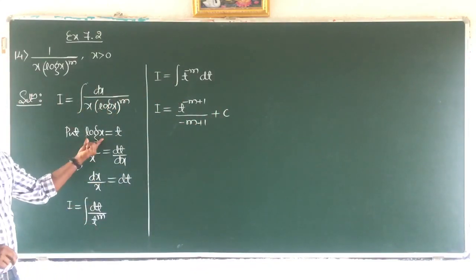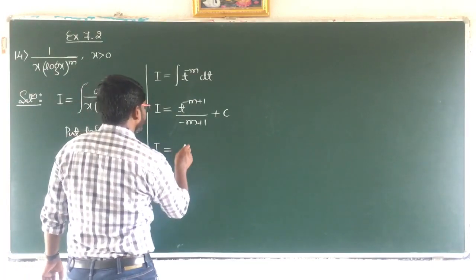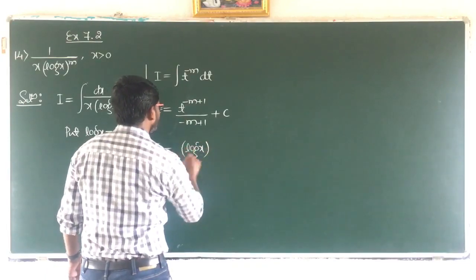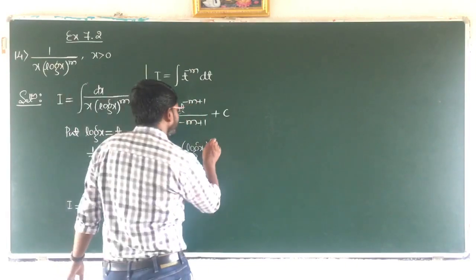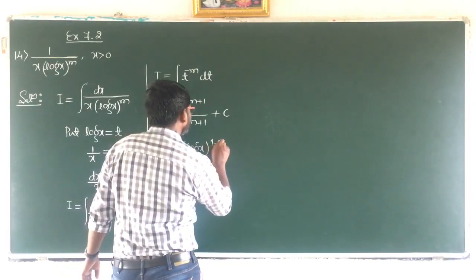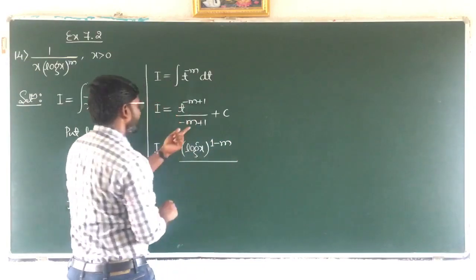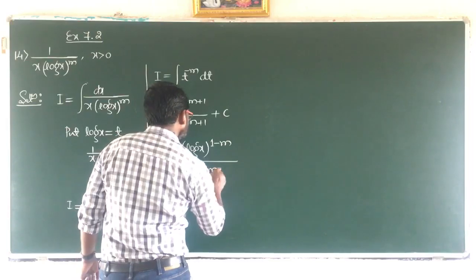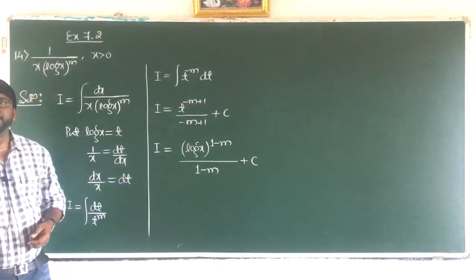It is log x. So in place of t I write (log x) to the power minus m plus 1, which is nothing but 1 minus m, divided by 1 minus m, plus c. So this is the answer for the 14th one.